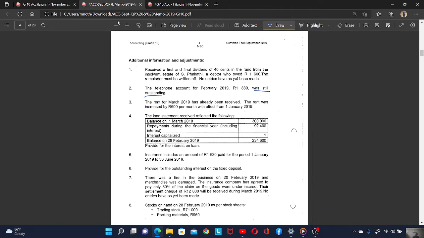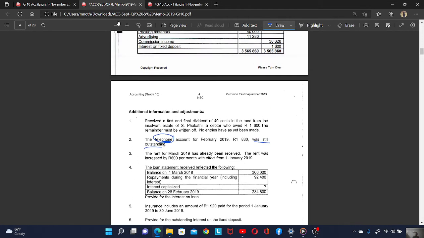So the only thing you have to check is, is this an income or expense? Since it's a telephone, this means that this is an expense. So since this is an expense, this means that this is an accrued expense. So once they are saying outstanding, you know that is an accrued expense. They are done.